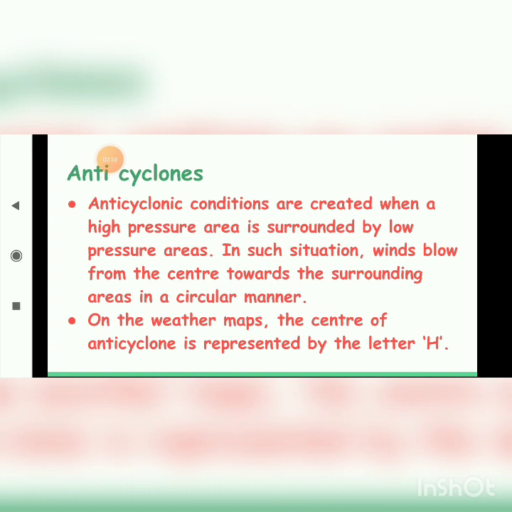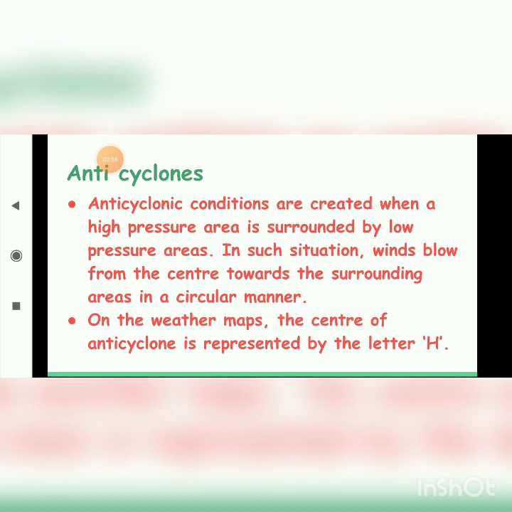In such a situation, winds blow from the center towards the surrounding areas in a circular manner. In the northern hemisphere, these winds blow in clockwise direction, whereas in the southern hemisphere, they blow in anti-clockwise direction. During anticyclones, the skies are clear, winds blow with lesser velocity, and the weather is pleasant.